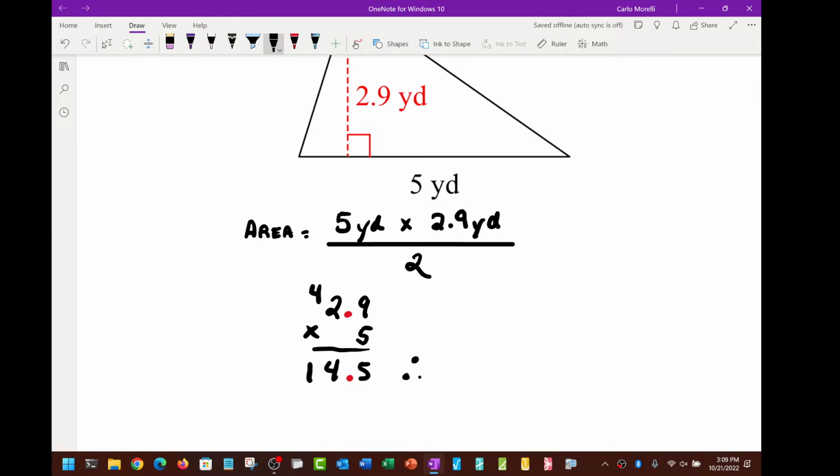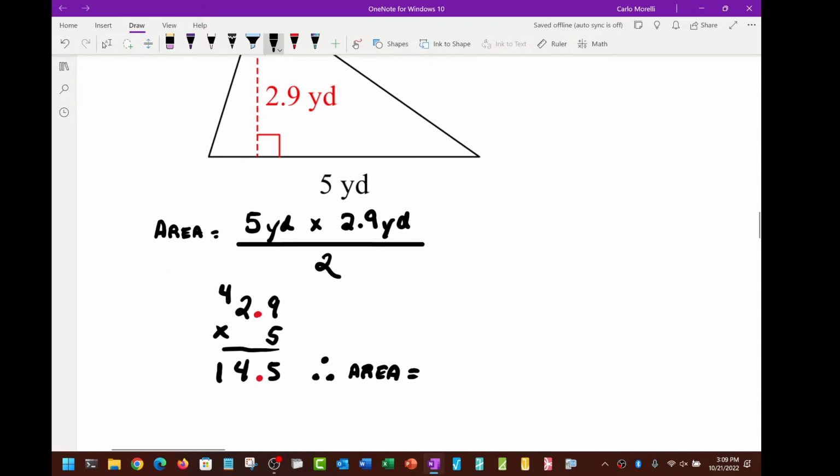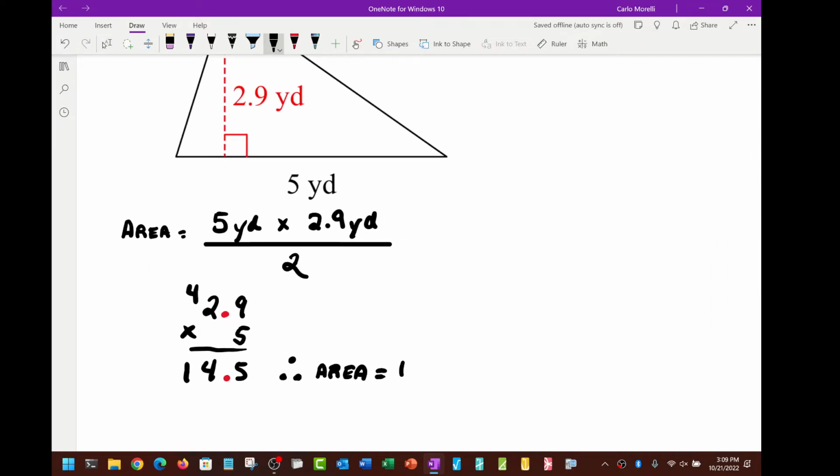Therefore, the area is 14.5. I'm doing it again, aren't I? Okay. I got to take 14.5 and divide it by 2.